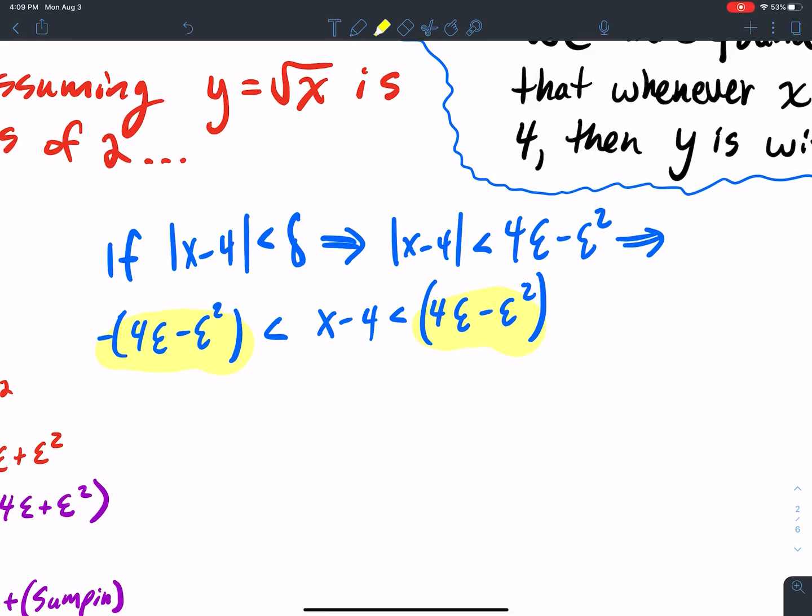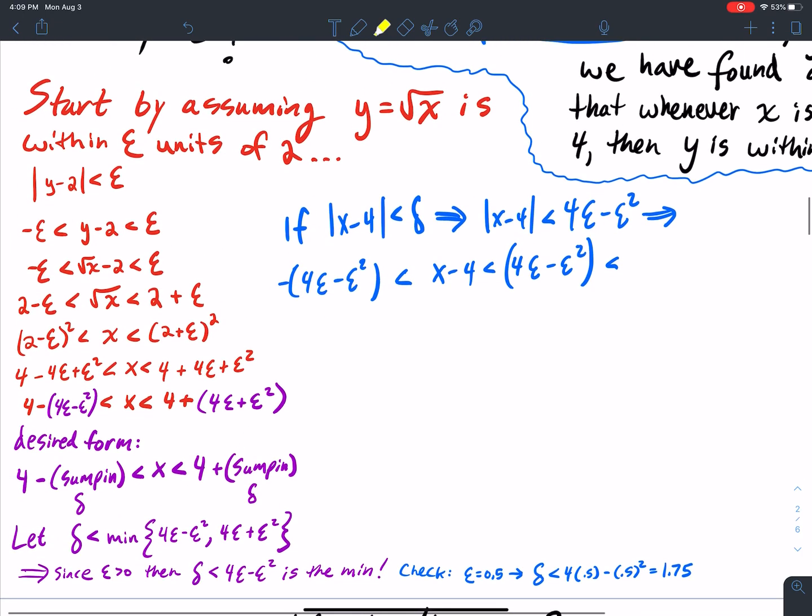Now, what I'm going to do is add 4 to all sides. Okay, now, before I get to that, though, I want this thing to be symmetric, okay? So if I were to go through here, this is not the same as that is there, is it?